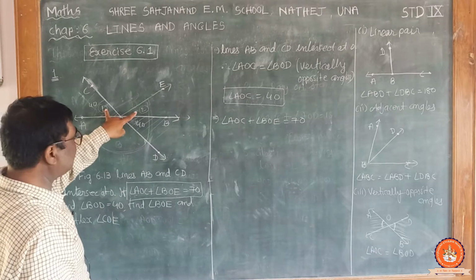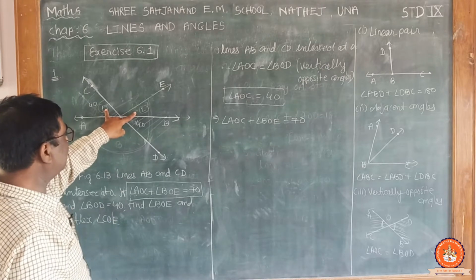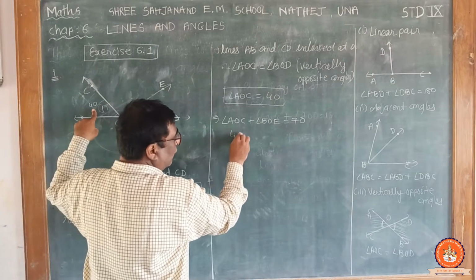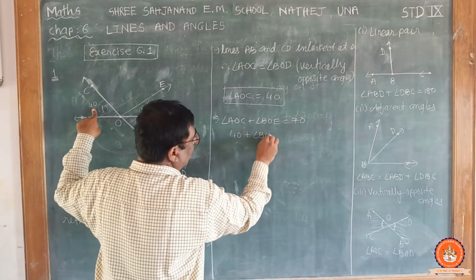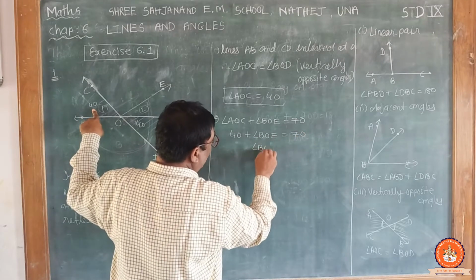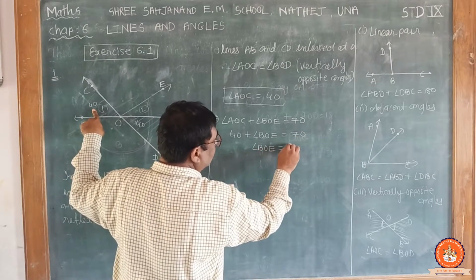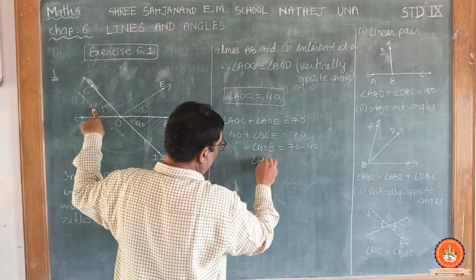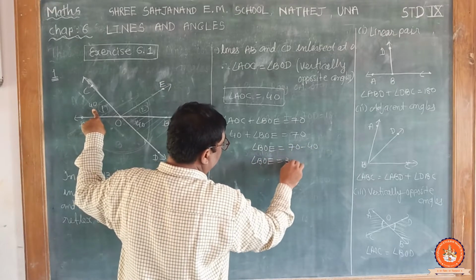Now 1 plus 2 is equal to 70. So substitute the value of 1 by 40, AOC is equal to 40. So we get angle BOE is equal to 70 minus 40. That is angle BOE is equal to 30 degrees.